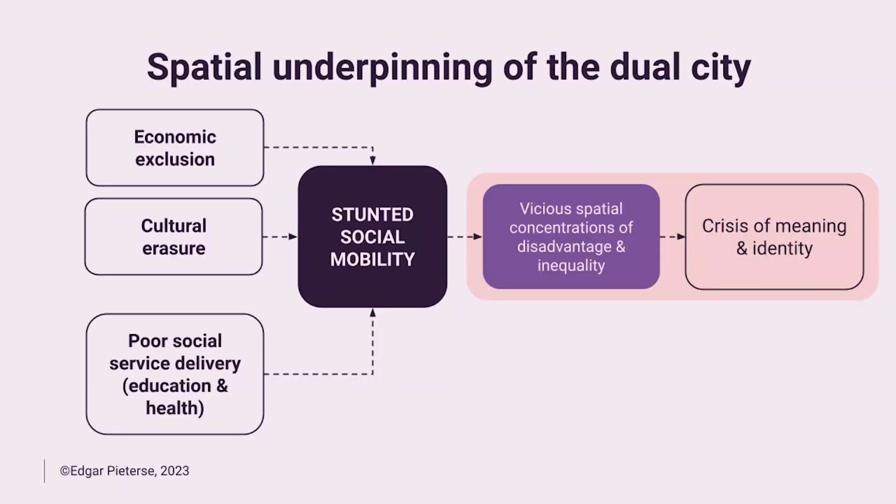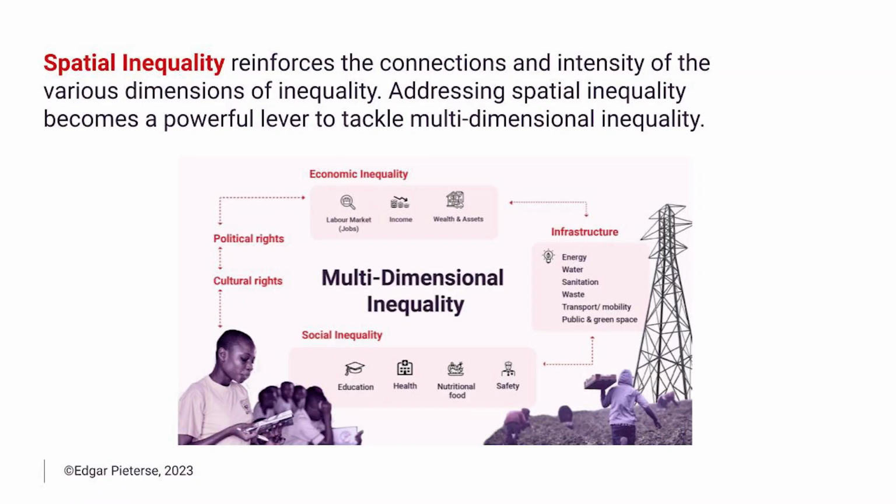And the tragedy of this is not that there's societal or political outrage, but that the people who live in those contexts feel there's something wrong with them. They suffer from a crisis of meaning and identity because they think that they are responsible for the challenging conditions they live in. And this is part of how that abstract map about multidimensional inequality translates into spatial inequality.